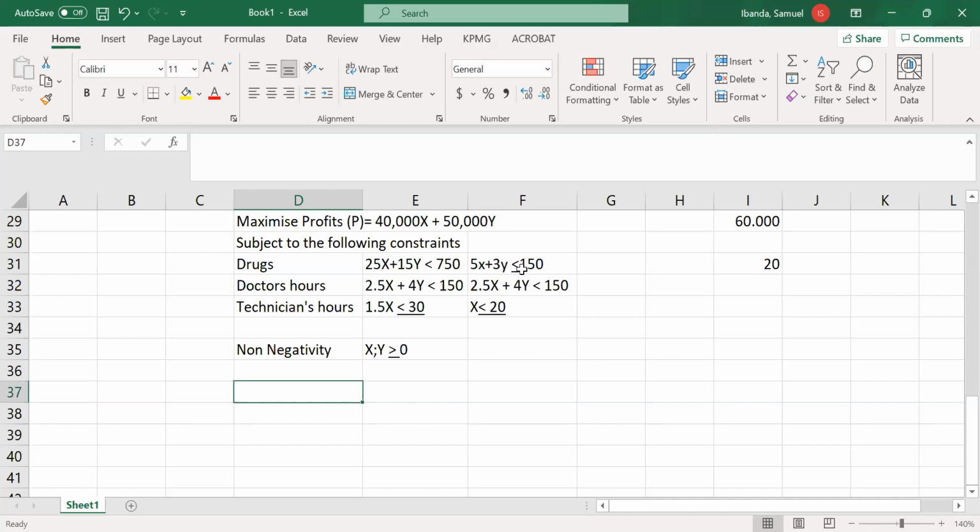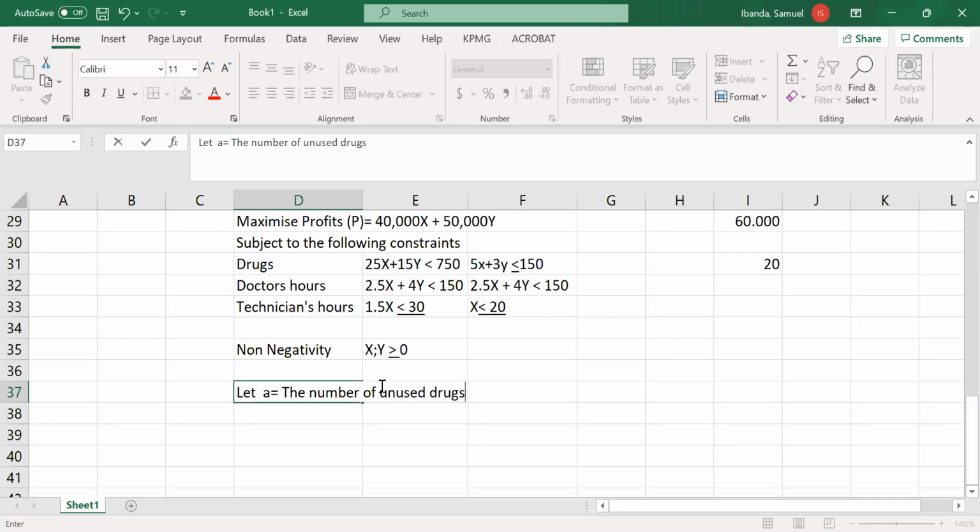So here, now, since we're introducing slack variables, these can be in different formats. Now, let's use A. Let A be the number of unused drugs, okay?